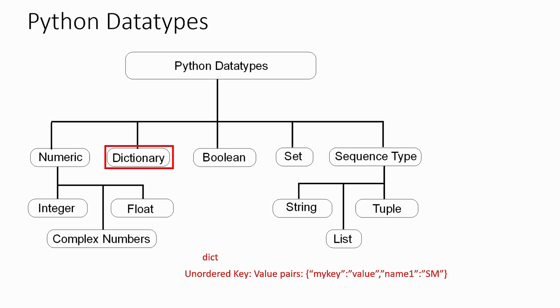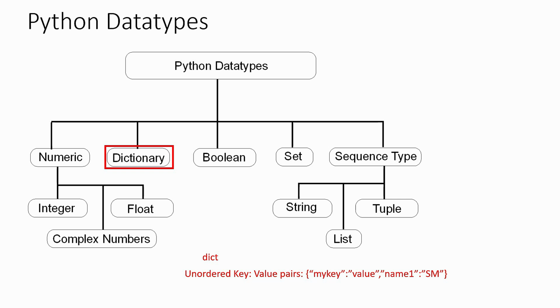And the next data type is the dictionary data type, and this comes under the class dict. These are unordered key-value pairs. This is similar to tuple except that it is an unordered collection of key-value pairs. This will have a key and a value pair, both the key and value will come inside double quotes, each key-value pair will be separated by a comma, and the whole dictionary will be surrounded by curly braces.